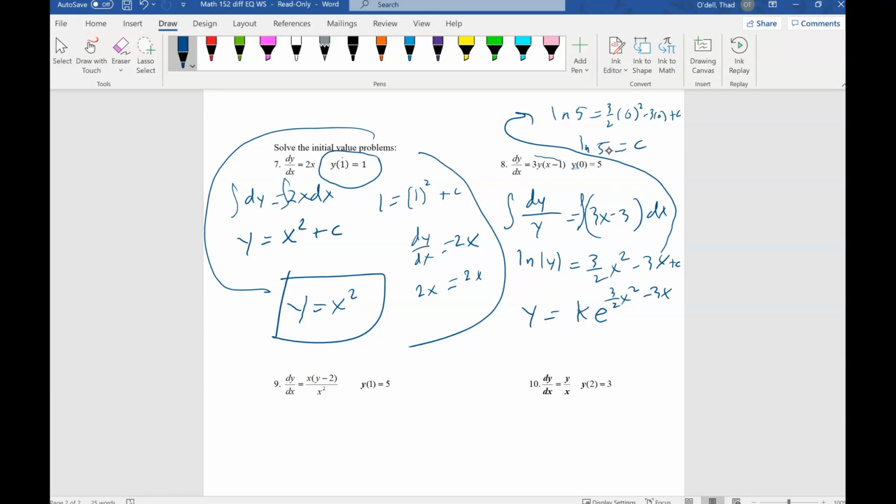So then let's redo this. Now c is natural log of 5.